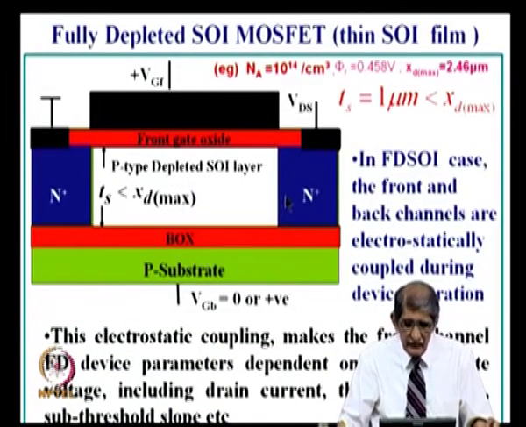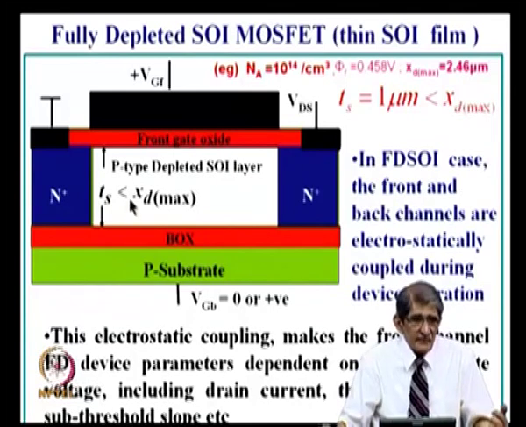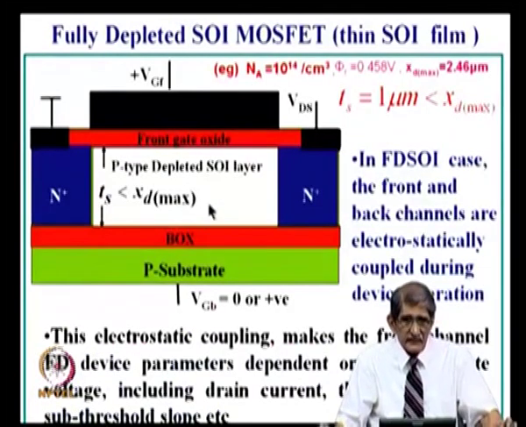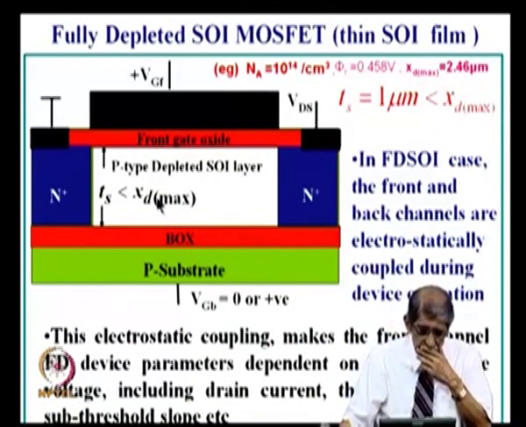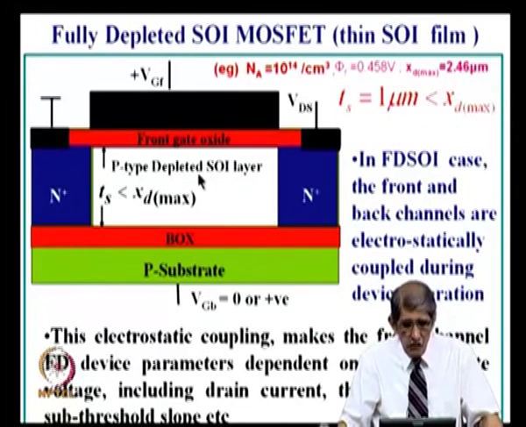Okay. Now, this is the idea of fully depleted and partially depleted. The operation of the fully depleted device is different from the bulk MOSFET, whereas partially depleted is the same as the bulk MOSFET. So, we need not go into a discussion of that; we will get down to a discussion of the fully depleted SOI MOSFET. Let us take a look at that.